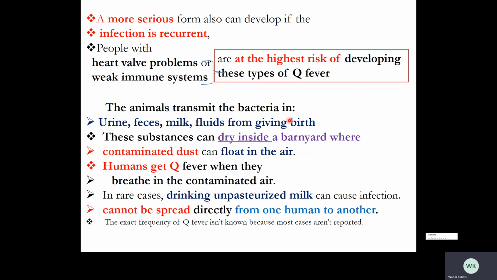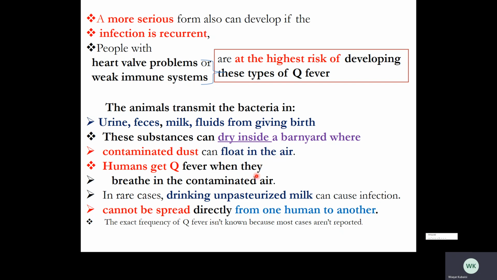The animal transmits the bacteria, of course, as we mentioned just now, via urine, fecal material, fluid from the birth product, and also milk and so on. When they pass it in the yard, it will dry inside the area, and that's why it is converted into contaminated dust. It will become dust and become available for inhalation. This is the mode of transmission. Contaminated dust can float in the air, definitely.